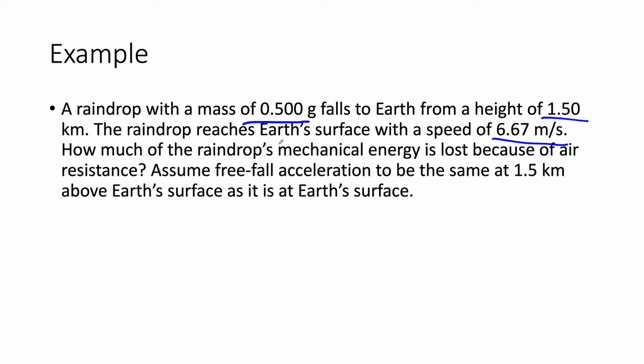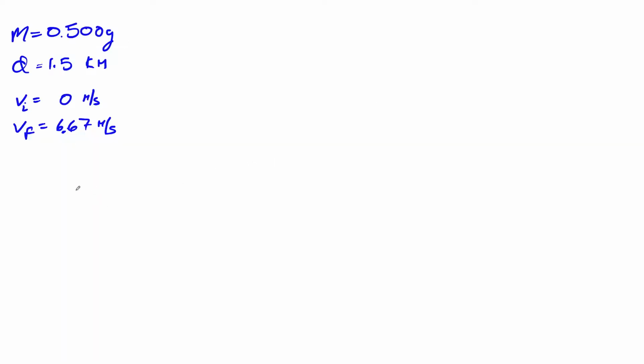If we draw a raindrop here, and here's the ground, it starts off here with potential energy and no kinetic energy. As it hits the ground, it has zero potential energy and a whole bunch of kinetic energy. This is important: kinetic energy initial is equal to 0, and potential energy final is equal to 0.